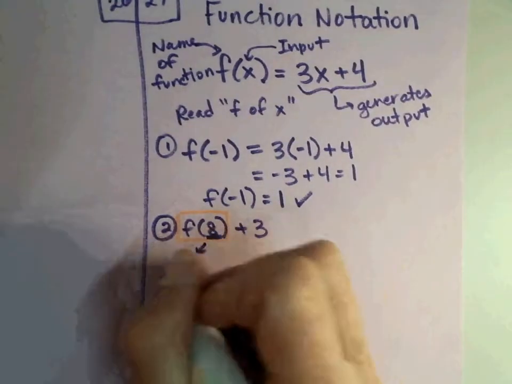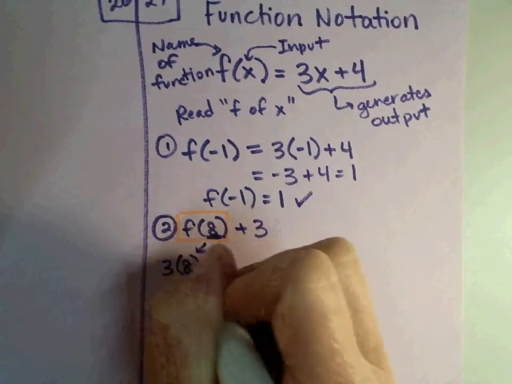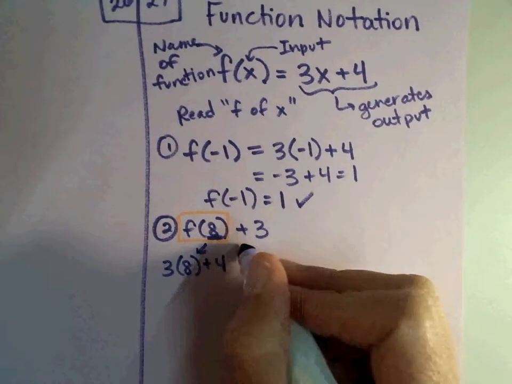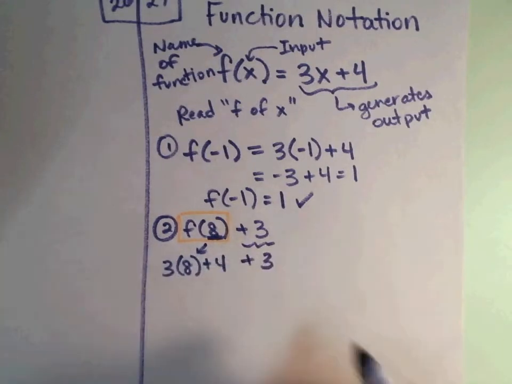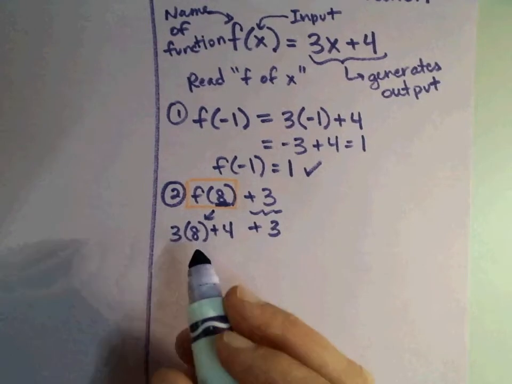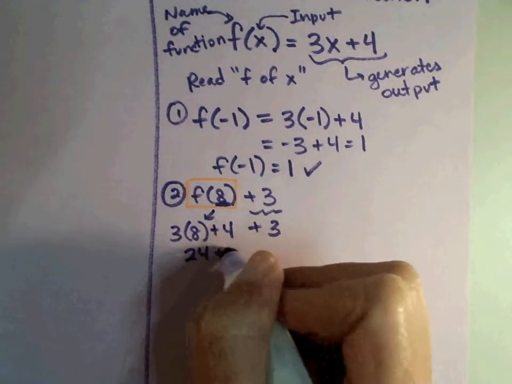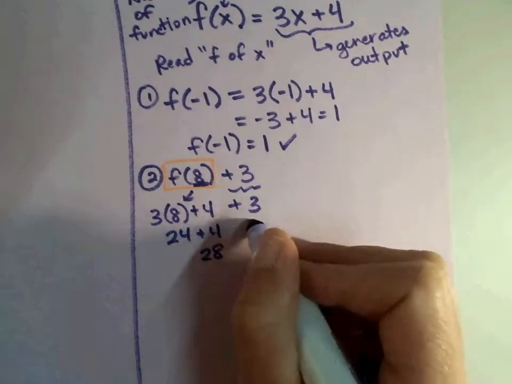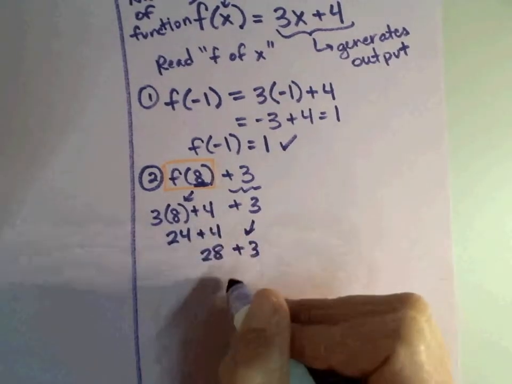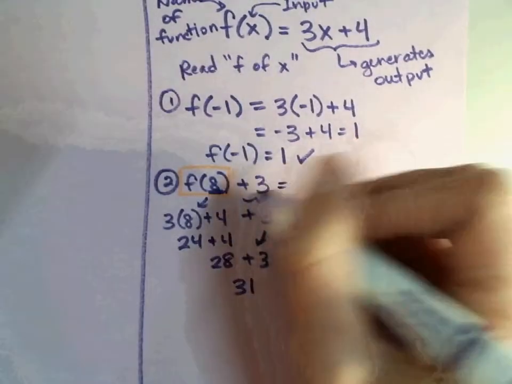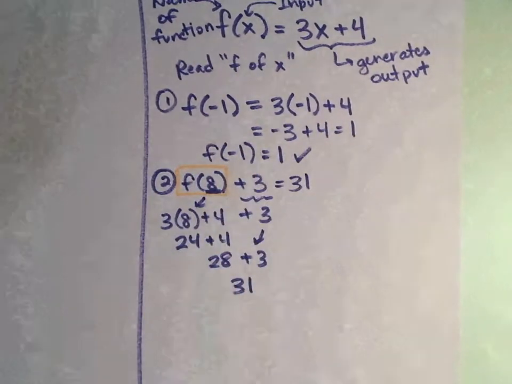And then once I get this answer, I'm going to remember that there's a plus 3 here as well. 3 times 8 is 24, so 24 plus 4 gives us 28. And then bring down the plus 3. 28 plus 3 gives us 31. So therefore our answer to this entire problem is 31.